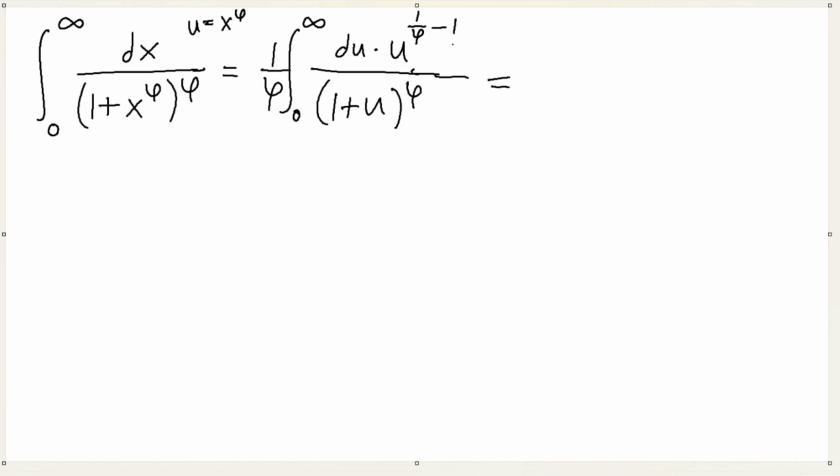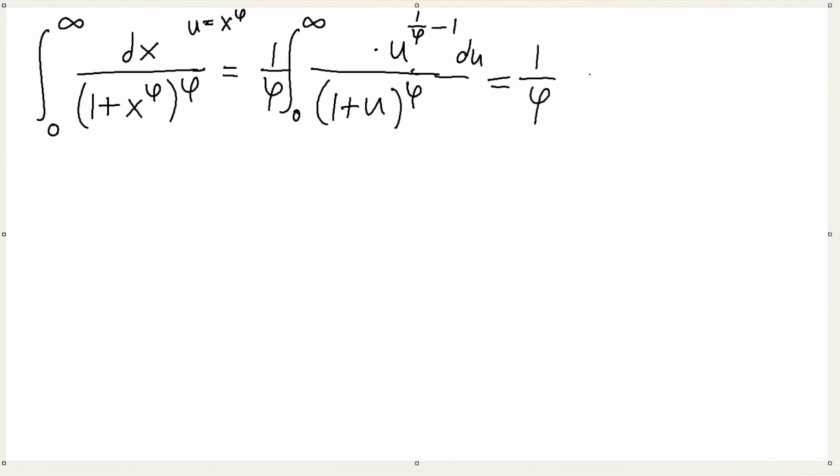So we get this. Let me make it easier for you to see. It's a lot easier to see how this is a beta function now, right?